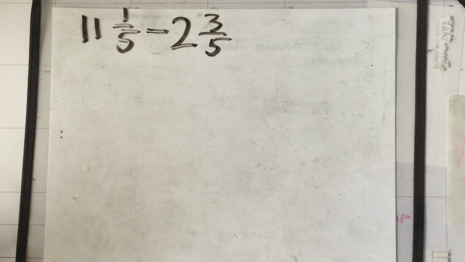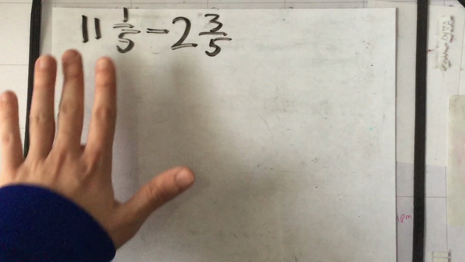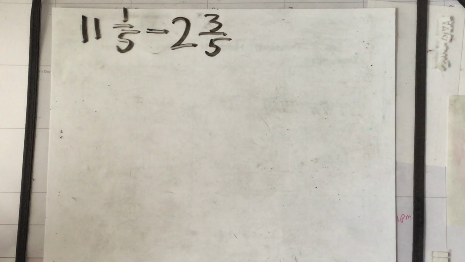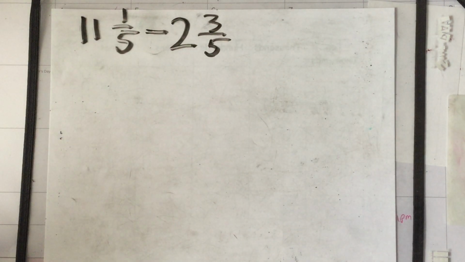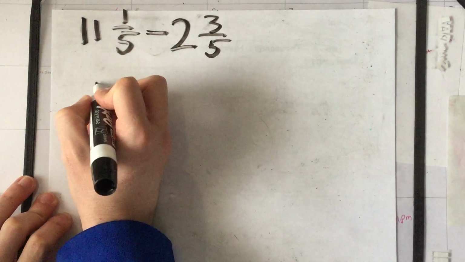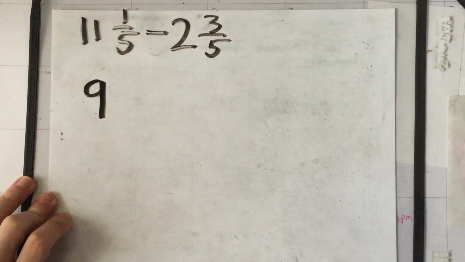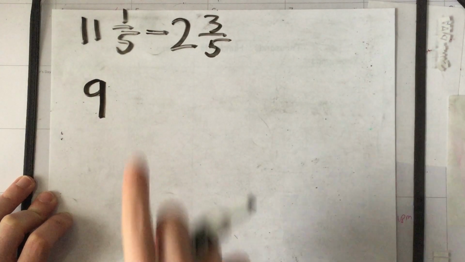Remember what I just said with the other number sentences. We want to try to get as little numbers on here as possible so it's a lot less to look at and it's less confusing. So let's start with just subtracting our whole numbers. 11 minus 2 is 9. Now we didn't do anything to the 1/5.